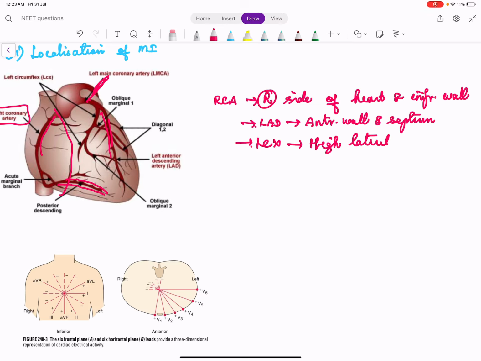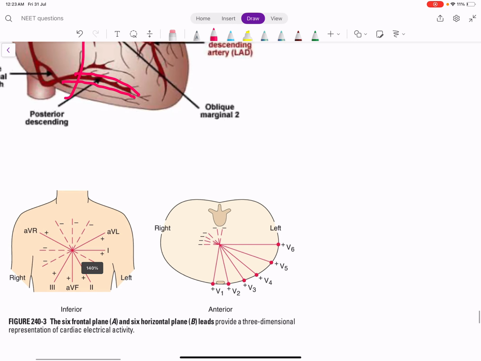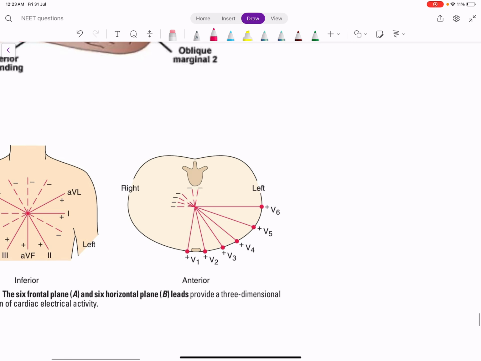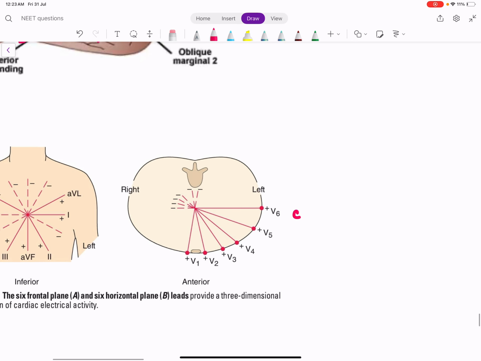So we discussed the normal vector direction as 60 degrees in the normal ECG. See, this is how ECG leads are placed, right? The chest leads are placed like this. V1 is to the right side of the sternum, so it sees the right side of the heart. V2, V3, V4 are straight anterior to the heart, so they see the anterior wall of the heart.